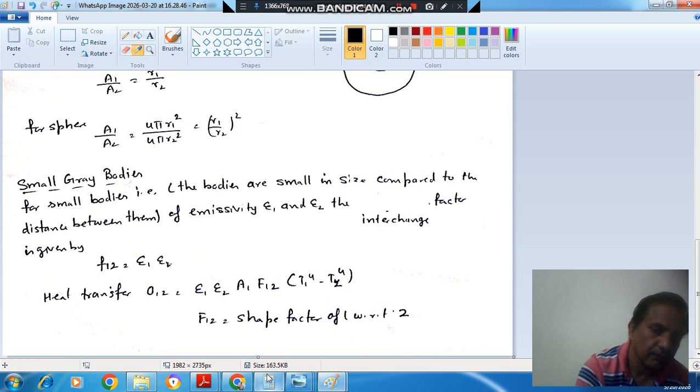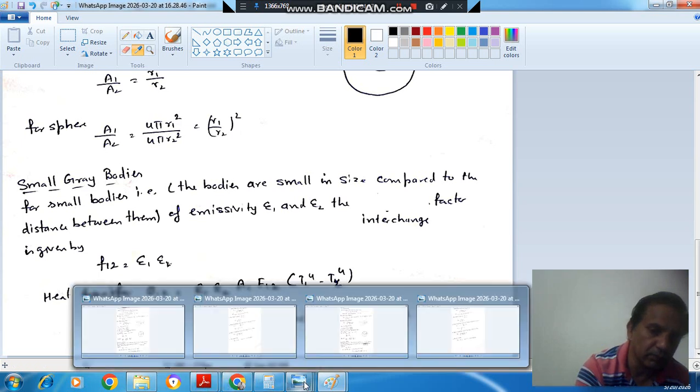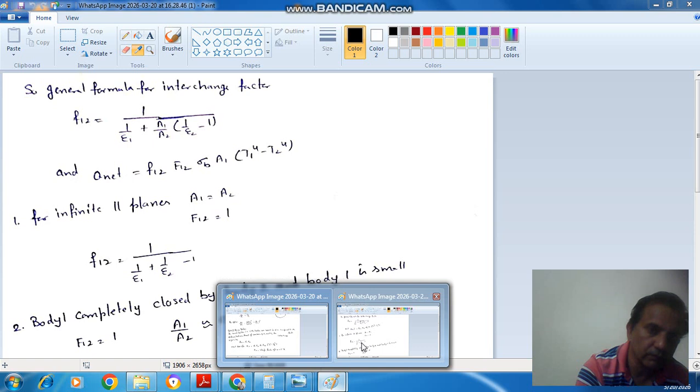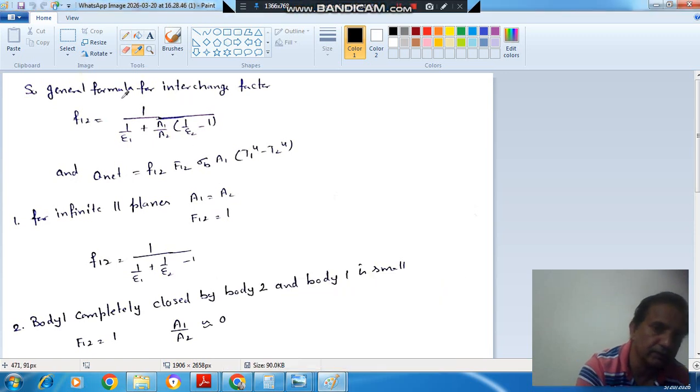Okay, so we can say the general formula for radiation heat exchange, or interchange factor, is 1 by epsilon 1 plus A1 by A2 bracket 1 by epsilon 2 minus 1, and Q net is small f12, that is the interchange factor, into F12, that is your shape factor, into sigma B into A1 bracket T1^4 minus T2^4 bracket close. Okay, so for infinite parallel planes A1 will be equal to A2 and F12 is 1 and small f12 is this quantity.